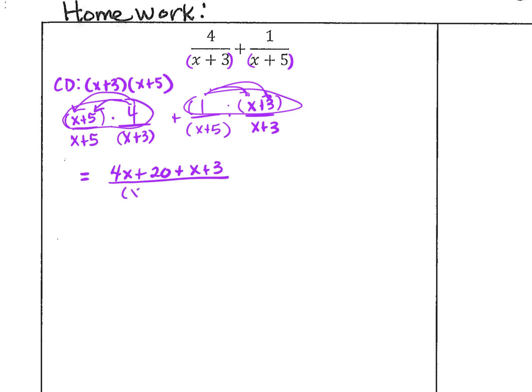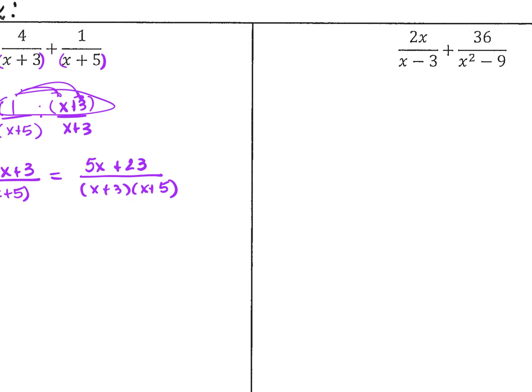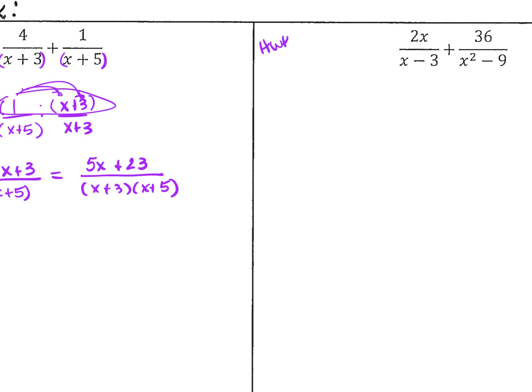Good. All right, Amy. What's the numerator going to end up being? Good. All over x plus 3 times x plus 5. Okay. This other one is homework for you to do.